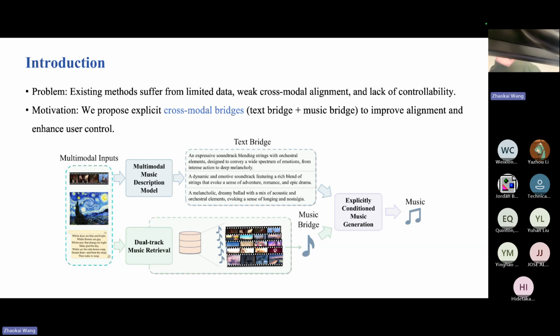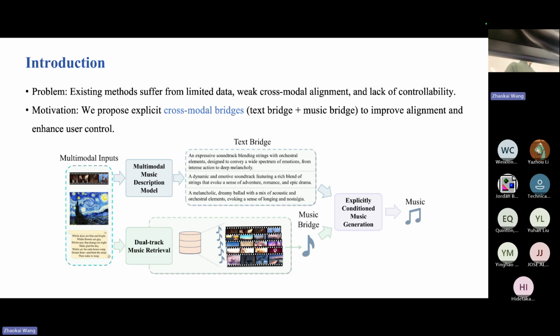Let me explain this. Basically, you have this video or image input, and you first convert it into a description of the music. This is the text bridge. It's like the description of the music I want to generate, such as this dynamic and emotive soundtrack featuring a rich blend of strings that evoke a sense of adventure, romance, and epic drama.